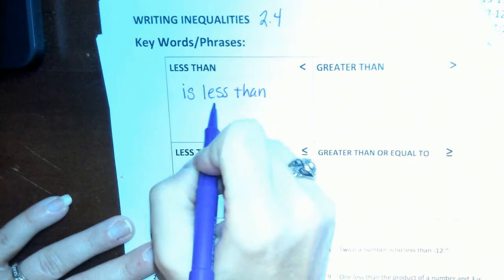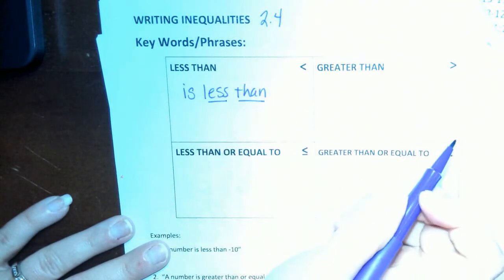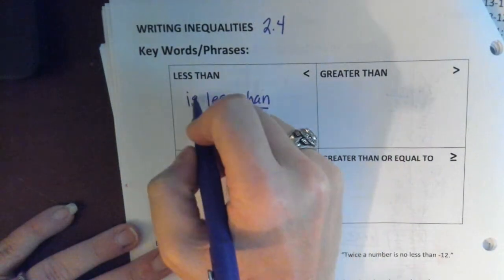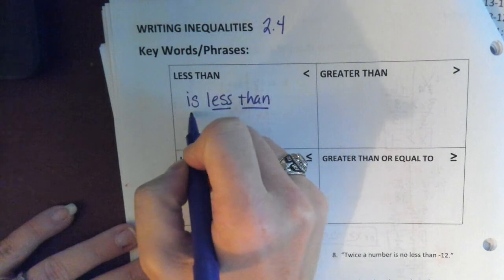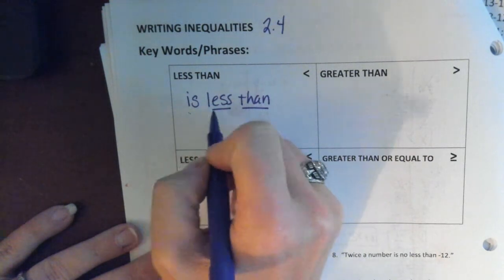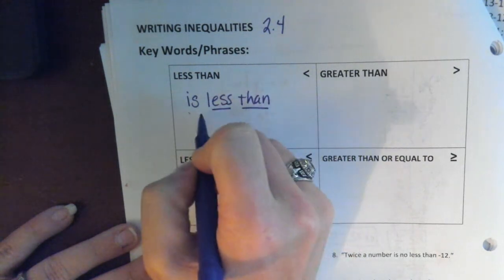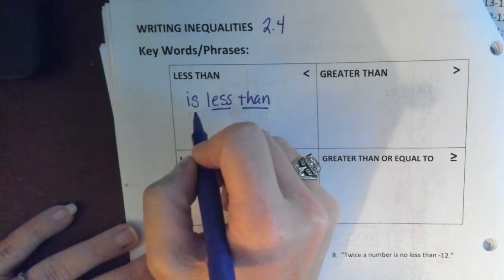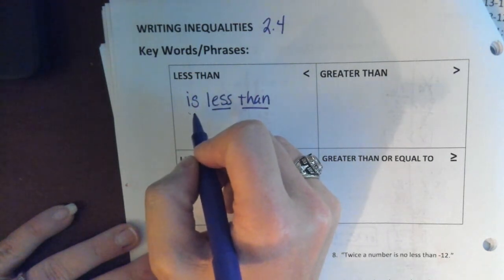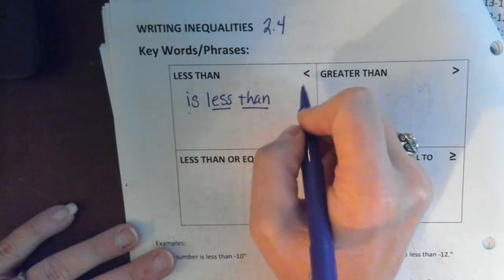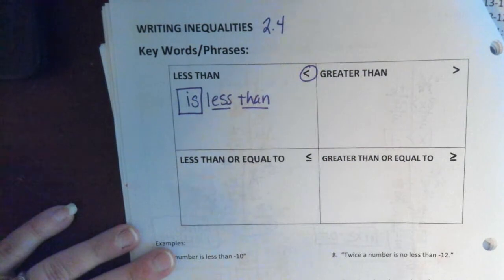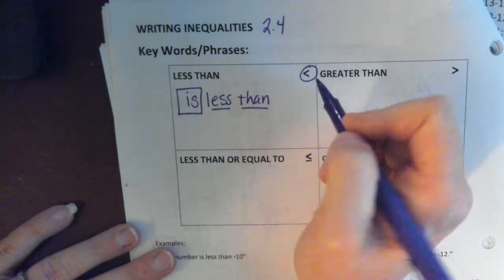Less than by itself is one of our keyword phrases for subtraction. But if it has "is" in front of it, it's like the equal sign is attached to the less than phrase, because remember, "is" is the same thing as equals. So if it has "is" in front of less than, then you know it's going to be the less than sign.